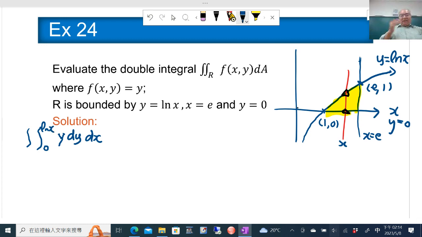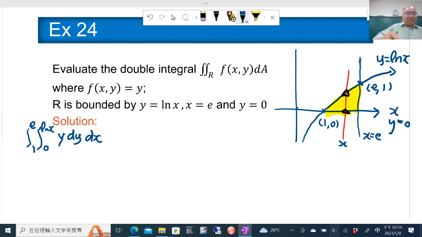Okay, and the range for x to choose from will be from 1 to e. So that will be from 1 to e. Okay, all right, so we have our double integral written in terms of iterative integration.